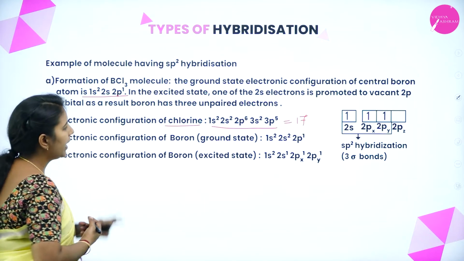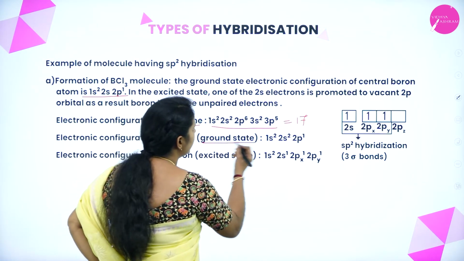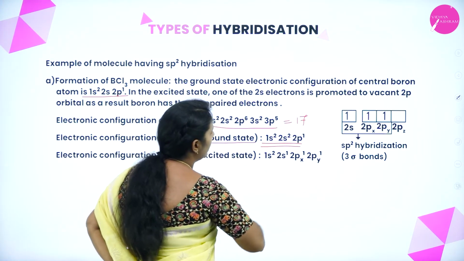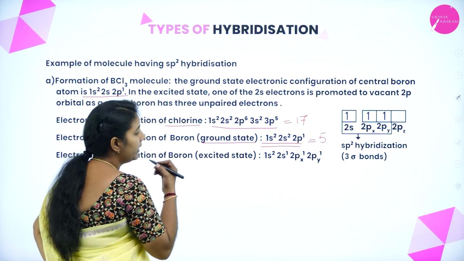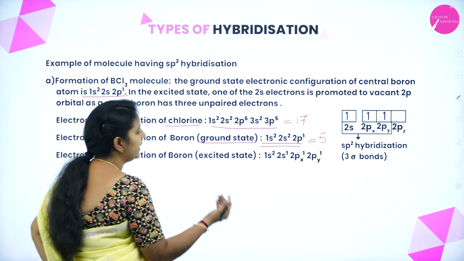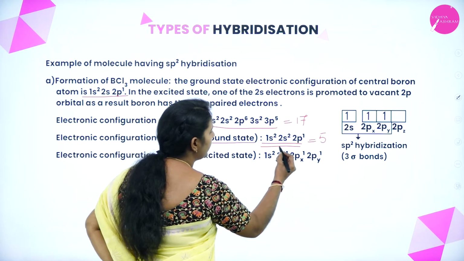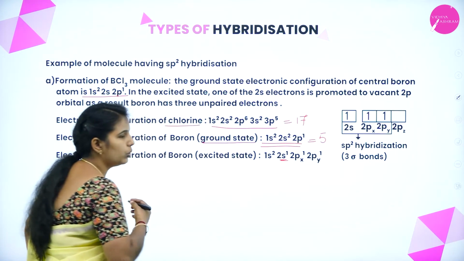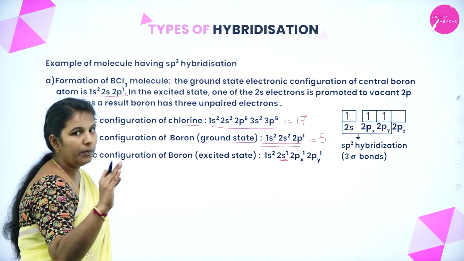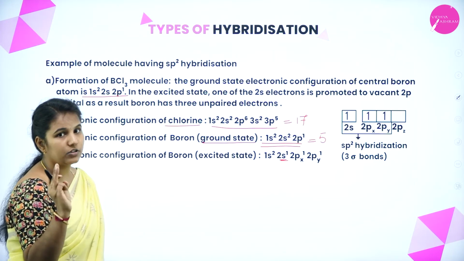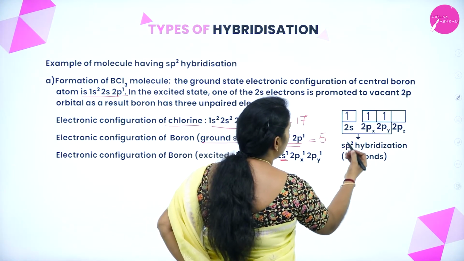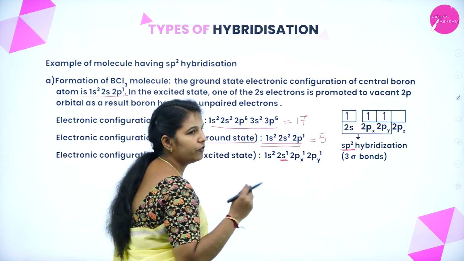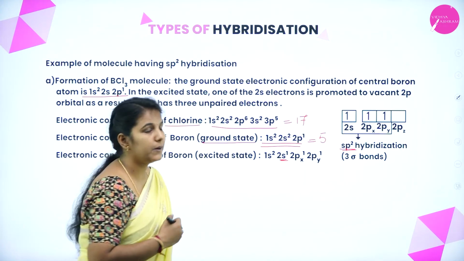Is it right? And this is the general ground state electronic configuration of what? Boron, which has 5 electrons. But when the electrons get excited, one of the electrons from the s orbital moves to the p orbital, forming 3 unpaired electrons. So these 3 unpaired electrons result in the formation of sp2 hybridization.